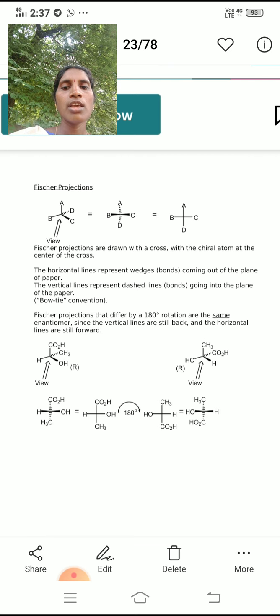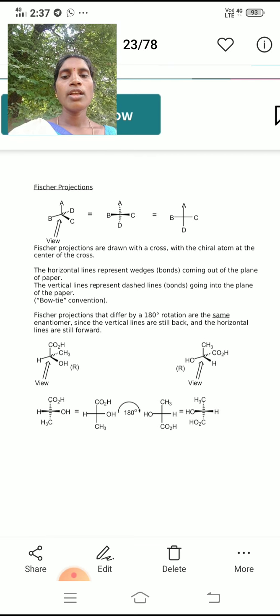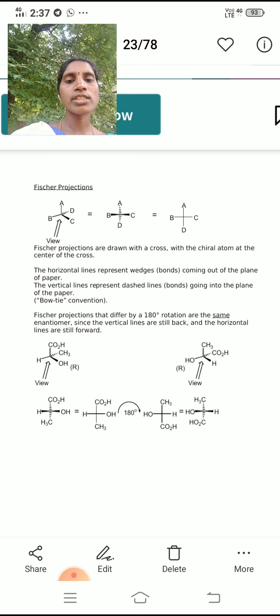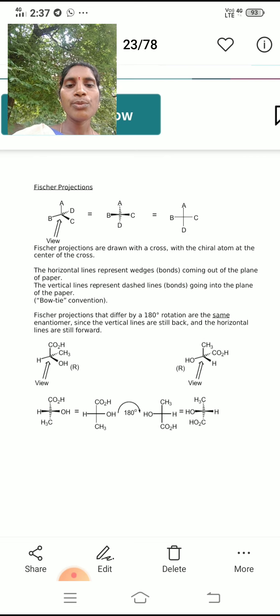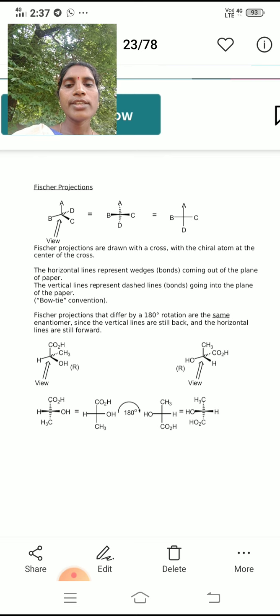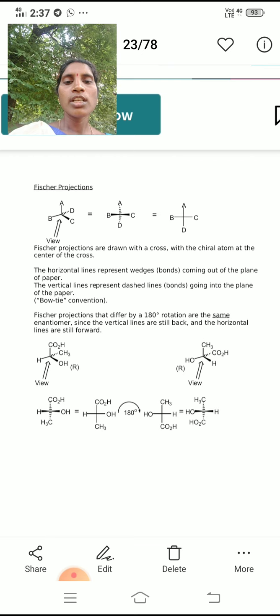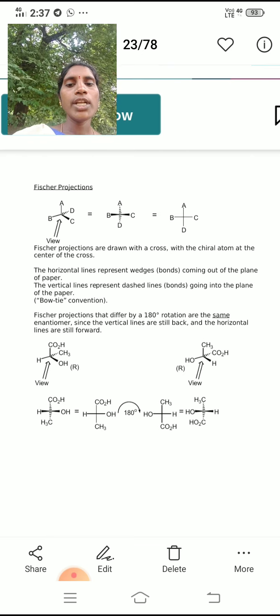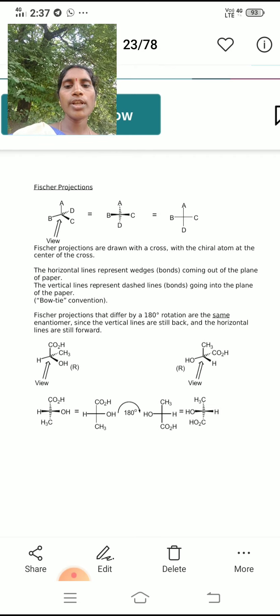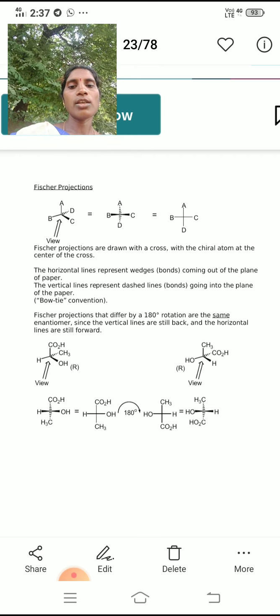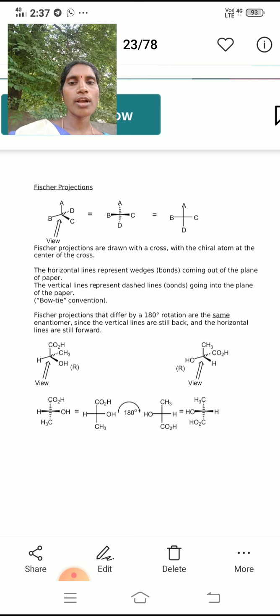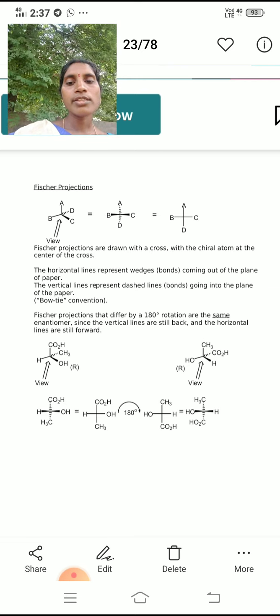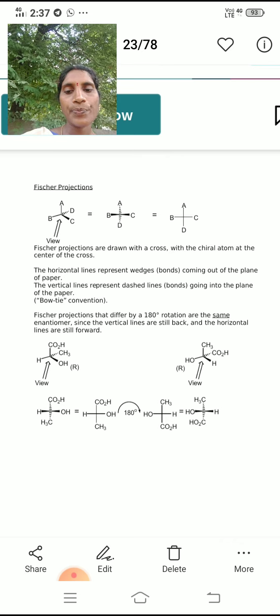The horizontal lines represent wedges, the bonds coming out of the plane of the paper. The vertical lines represent dashed lines, the bonds going into the plane of the paper. Fischer projections that differ by a 180 degree rotation are the same enantiomer, since the vertical lines are still back and the horizontal lines are still forward.